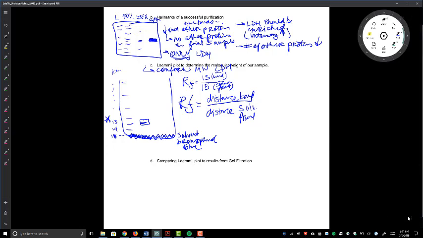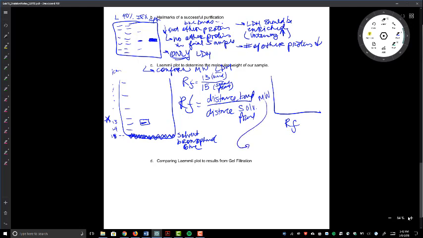All right. So you calculate the RF, the relative migration, for every band in the ladder, and then you can create a calibration curve like we did for our Bradford assay. We'll graph the RF on the x-axis and the molecular weight of the proteins on the y.